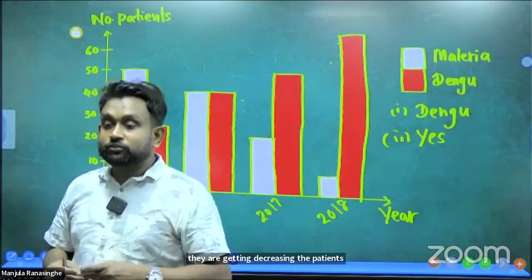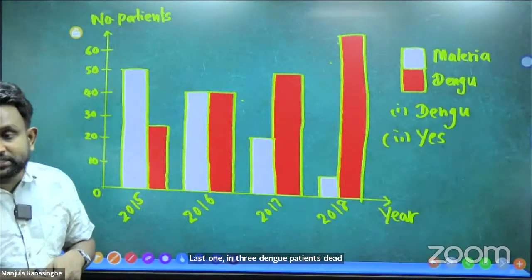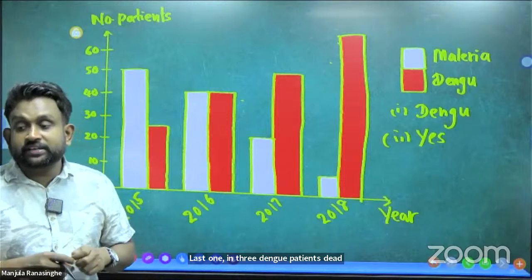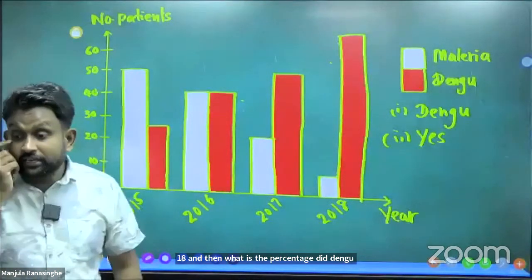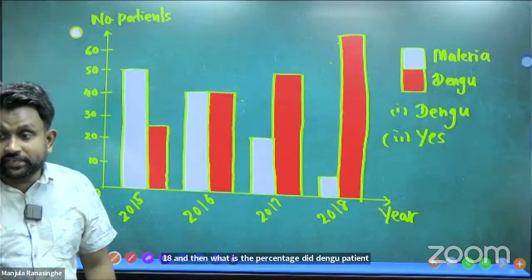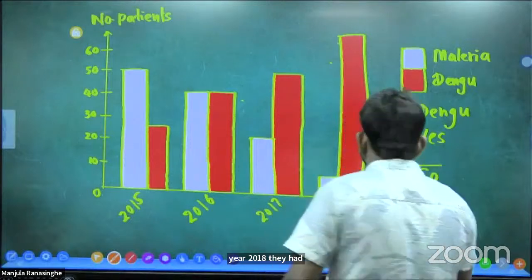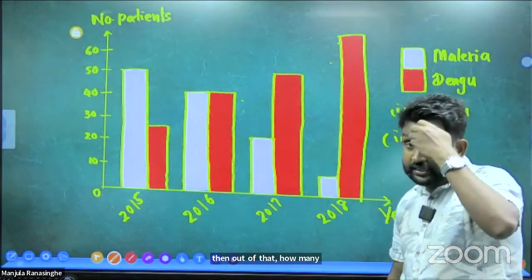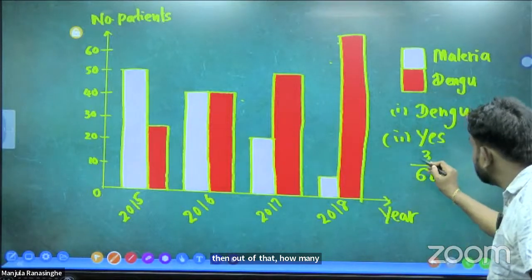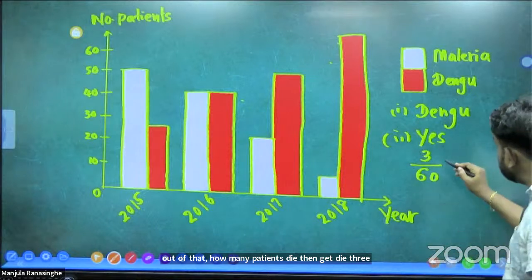Last one: if 3 dengue patients died in 2018, what is the percentage of dead dengue patients? How many dengue patients were there in 2018? They had 60 dengue patients. Out of that, how many patients died? 3 died. From 60, 3 died, so how do we find the percentage?